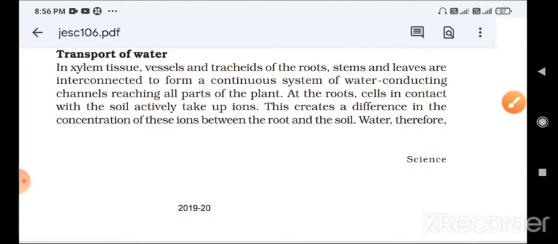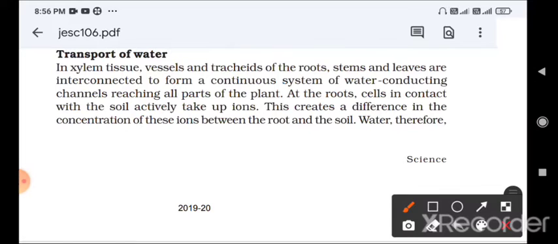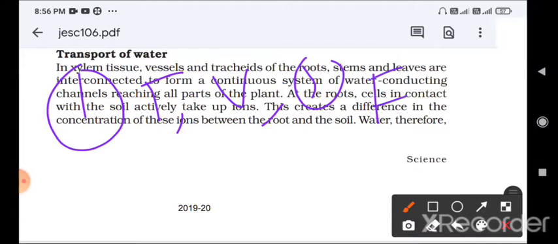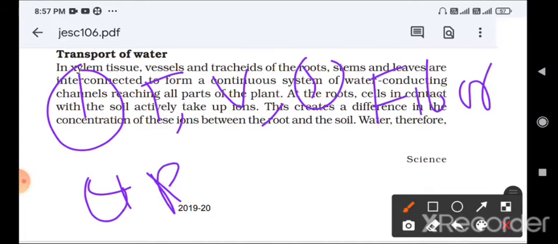You have to remember this, and then you can easily understand. The parts of xylem are tracheids, vessels, xylem fiber, and xylem parenchyma.